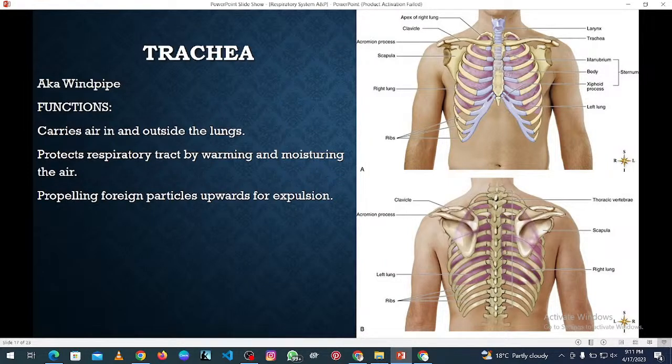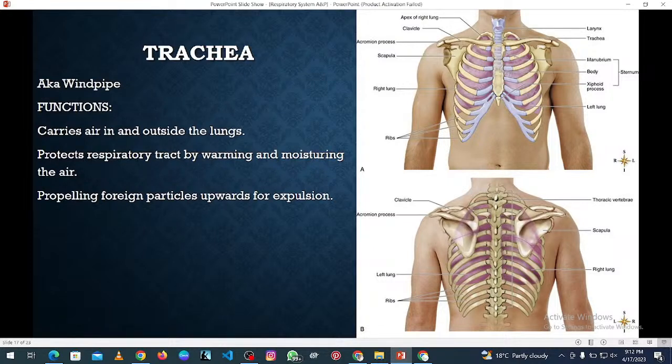I really don't know why I keep forgetting this word vumbi in English each and every time, but it's dust. So when you breathe a lot of dust in, when you breathe foreign particles in, at times you'll feel irritated in the throat or in the chest, just above the chest, and you'll feel like coughing.